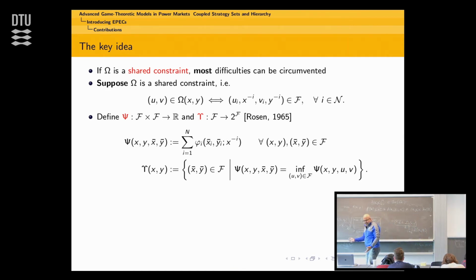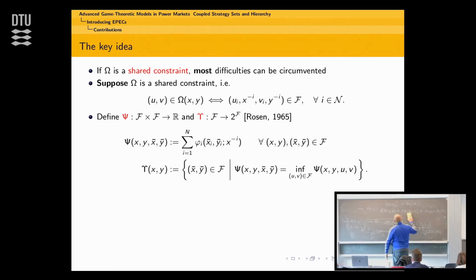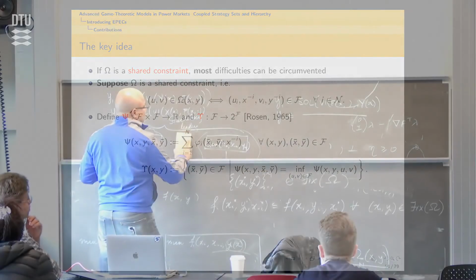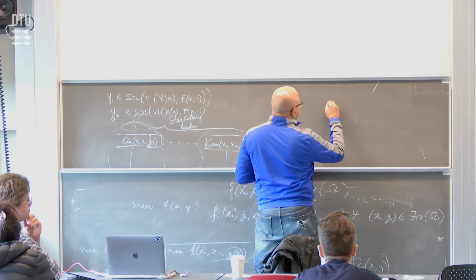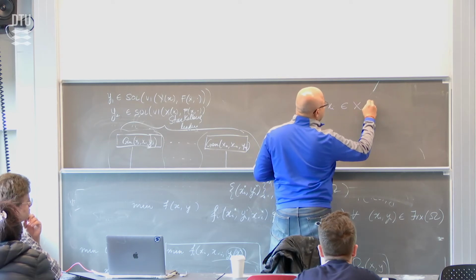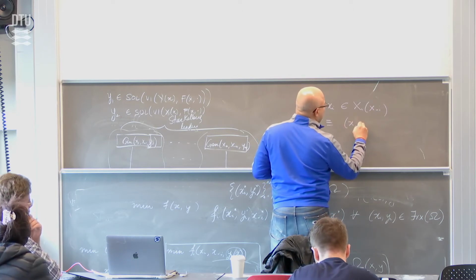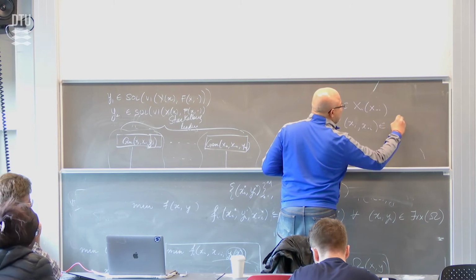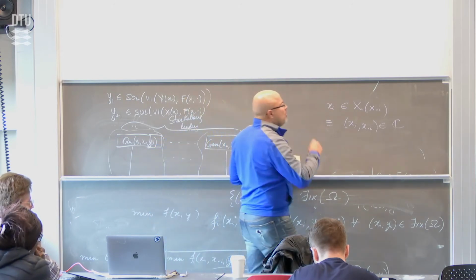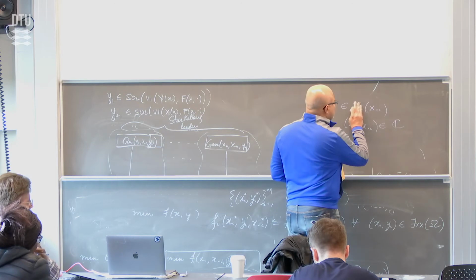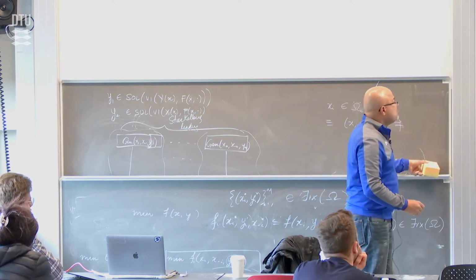I did this in the case of generalized Nash: in the case of shared constraint in the generalized Nash case, I said if xi lies in xi of x minus i and it's a shared constraint, this is equivalent to saying that xi, x minus i lie in some fixed set C. So if I can show or if I can construct a shared constraint version where this lies in some other set F script, then I might be able to do something.